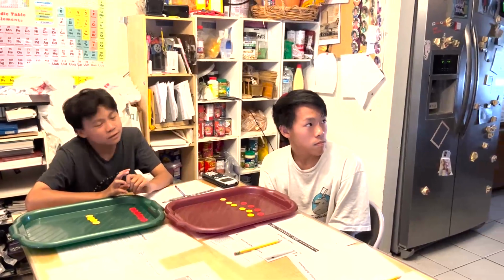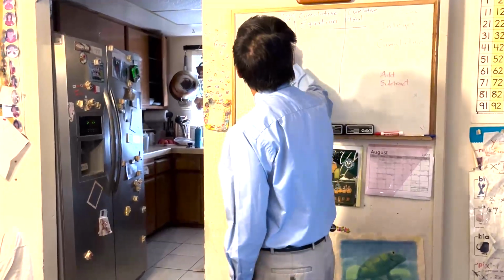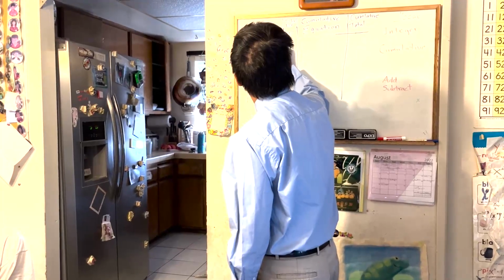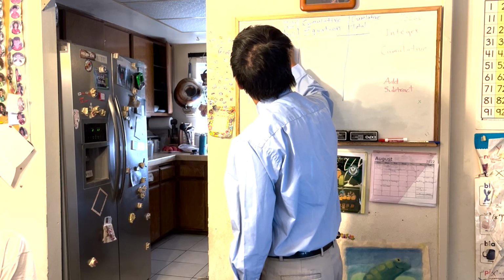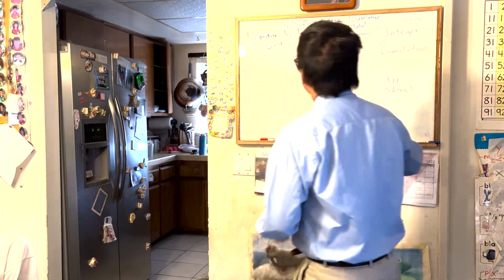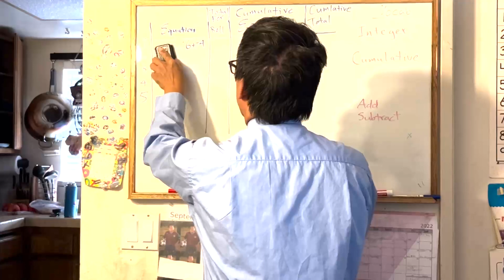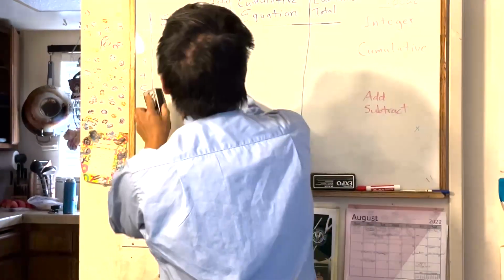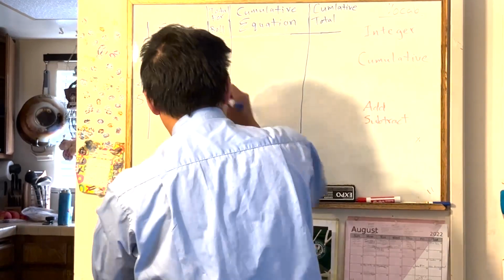Okay. 6 plus negative 4. You could do 6 minus 4, but we're not doing subtraction, we're doing adding first. So we're doing 6 plus negative 4, okay? So I'm just going to erase this. We're going to do subtraction a little later. All right? Okay. So 6 plus negative 4, right?